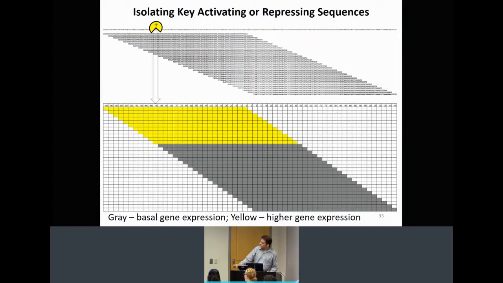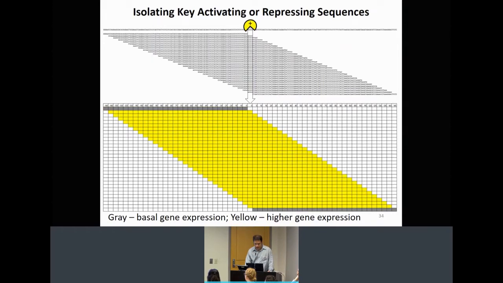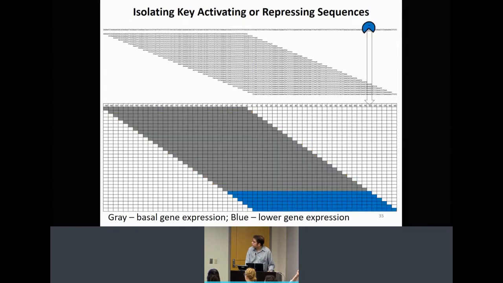Then we would expect the subset of tiles that overlap those positions shown in yellow to show high activity, while the remaining tiles show closer to basal activity. And if there was an important activating sequence at this position, we would expect this subset of tiles to have higher expression. And if there's an important repressive sequence right here, we would expect these sequences to have below basal expression.